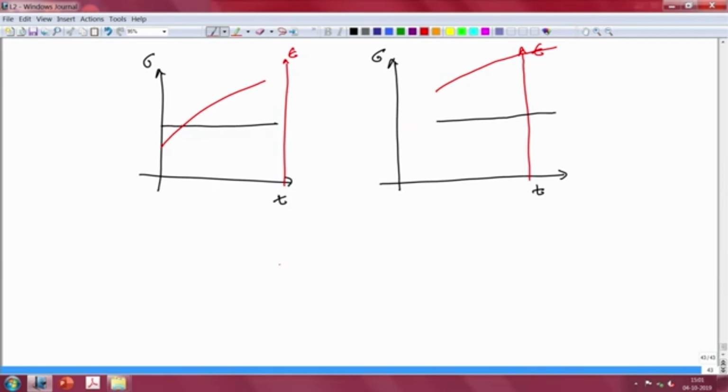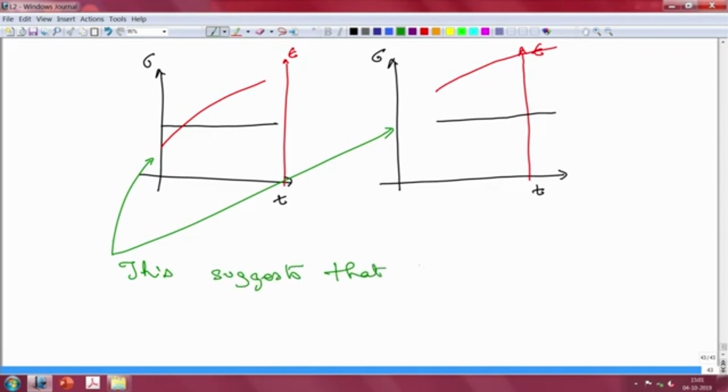I am drawing the response of the same material at two different times, and this change suggests that the material has aged.